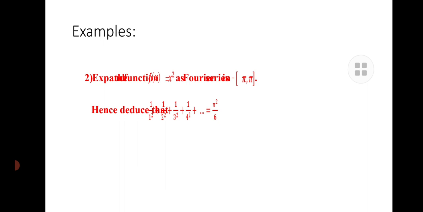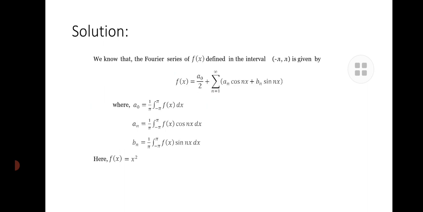We know the Fourier series as f of x is equal to a naught divided by 2 plus summation an cos nx plus summation bn sin nx, where a naught is equal to 1 divided by pi, because the interval is minus pi, pi. Instead of L, we have to take it as pi.